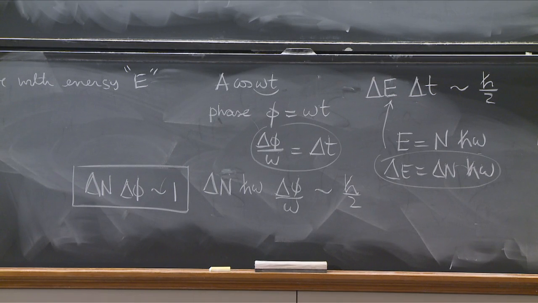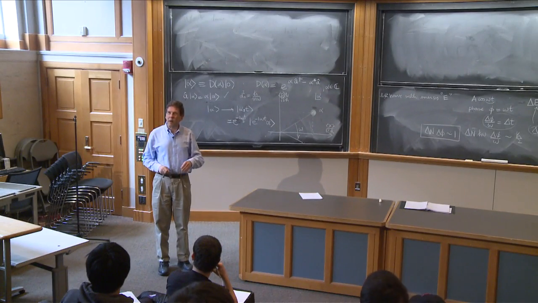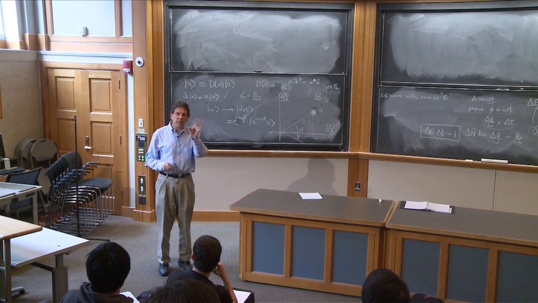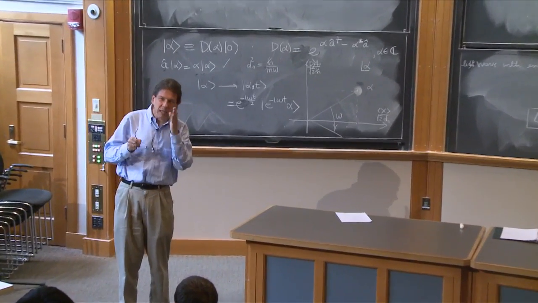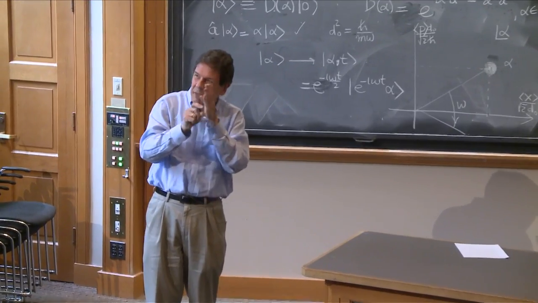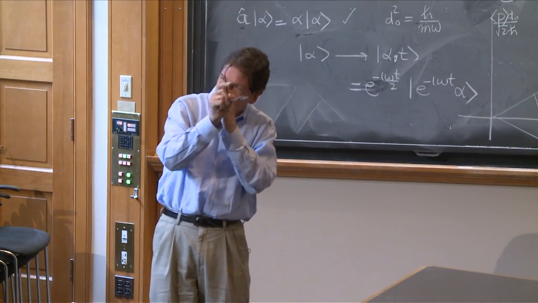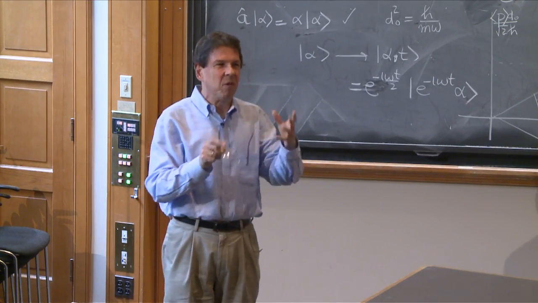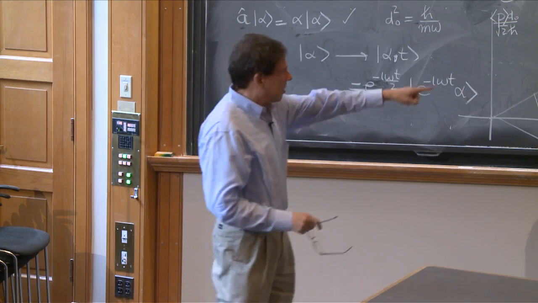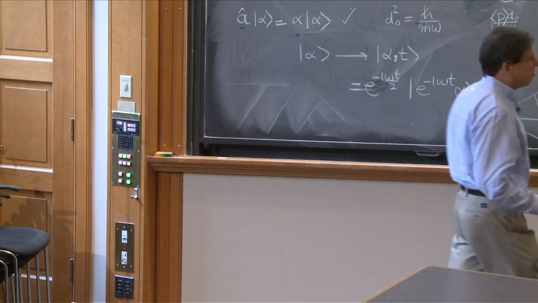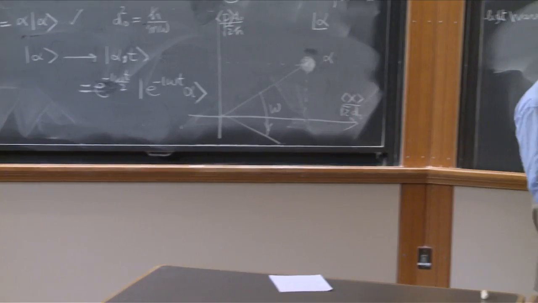And that's, in fact, a relation that people do take somewhat seriously. If you have a wave in quantum optics, you say the uncertainty in the number of photons and the uncertainty in the coherence of these photons, the phases, if they're out of phase, they're not coherent, there's a relation of this kind.